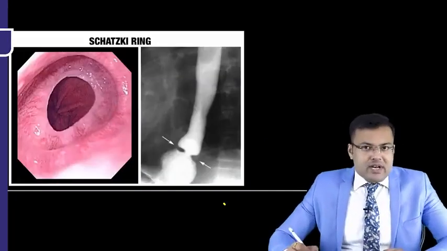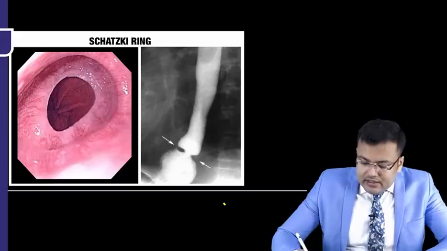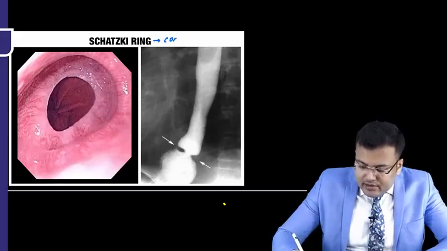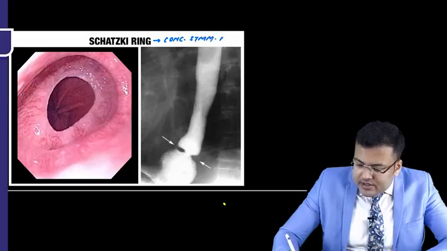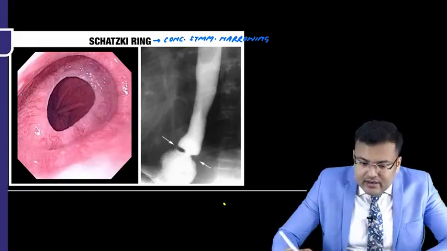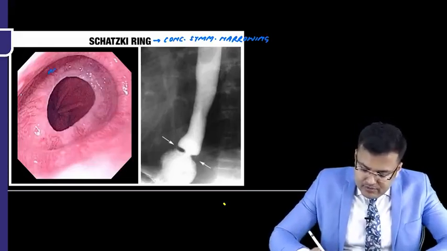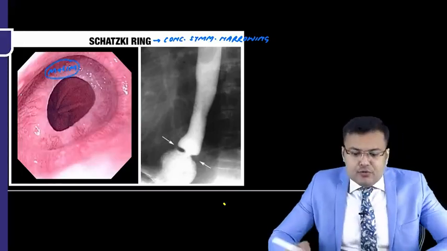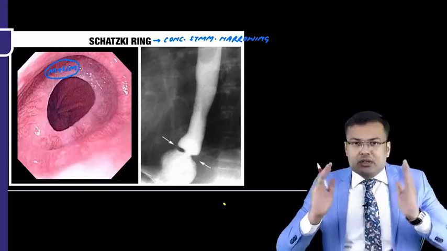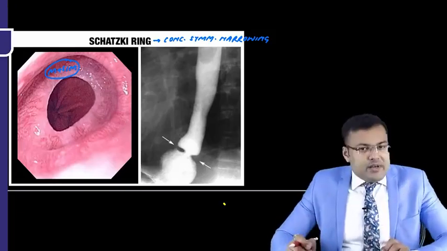Now you can see this is Schatzki's region, and here there is concentric symmetric narrowing. This ring is composed of mucosa and submucosa. It leads to concentric symmetric narrowing.